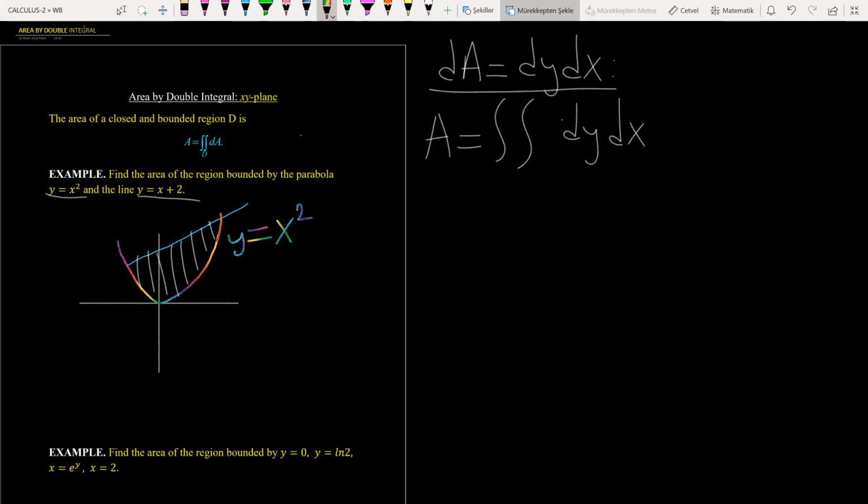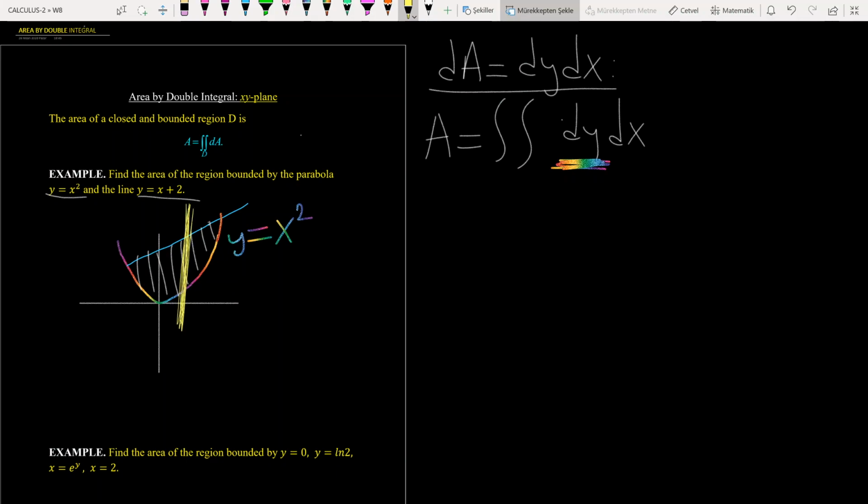As you remember from the previous videos, what was the idea of double integral? How do we compute a double integral? If you first write dy, you draw a parallel line to the y-axis, something like this.